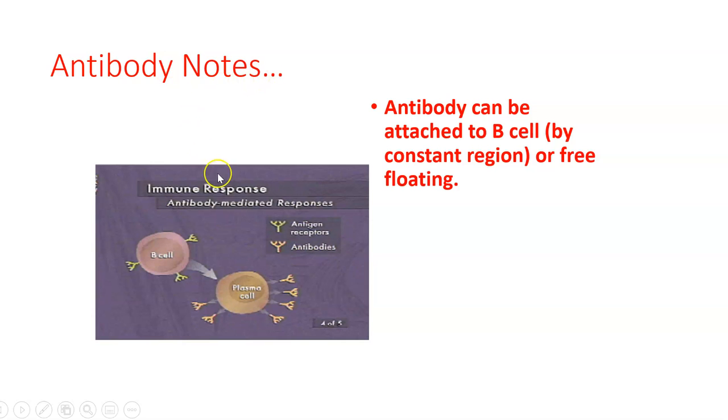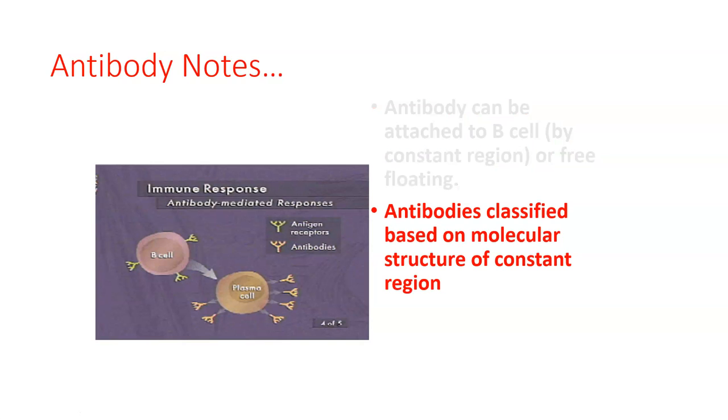So an antibody can be free floating. Here are your little Y's. They can float around your bloodstream. They can also be attached to a B cell. So these antibodies can go after something foreign, and these B cells with the antibodies attached to them can also go after the same antigen and attack it.